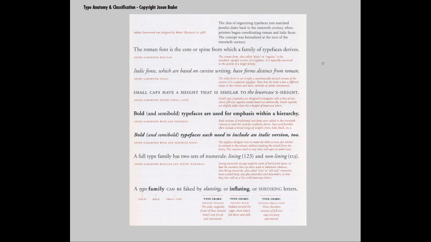On the top, these are all Adobe Garamond. We have the regular, which may also be called Book or Roman, which is just the standard font, the way it is supposed to be in body copy. We have italics, and italics are based upon cursive writing, but they're not script. In fact, italic fonts are designed differently than the Roman font.